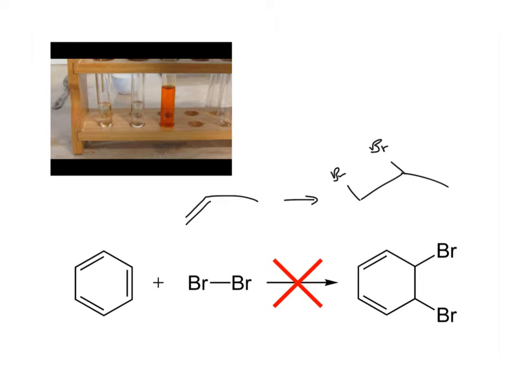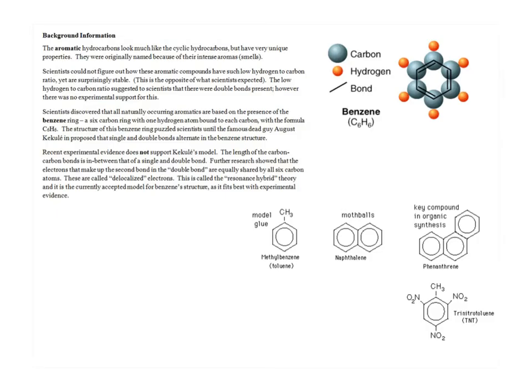So that tells us that empirically, it doesn't actually behave like it has double bonds. And that's the history of this structure, where they knew benzene was made up of 6 carbons and 6 hydrogens, but they didn't know how it went together. Then this Kekulé guy, he said he had a dream where he dreamed of a snake eating its tail.